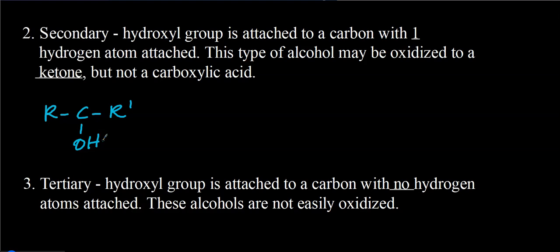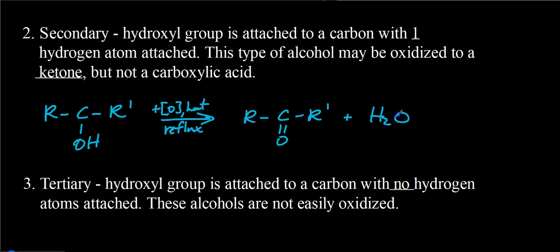So if we take this and heat it under reflux, we'll form our product. So of course, not forget our oxidizing agent. I snuck that in there. So oxidizing agents such as dichromates, and we're going to heat this up under reflux. And so what we're going to end up with is this product, along with water this time.